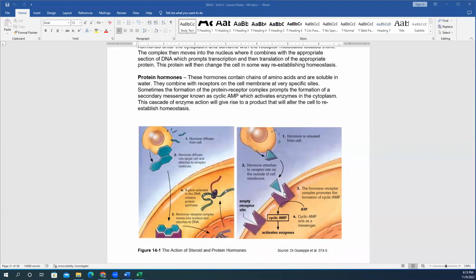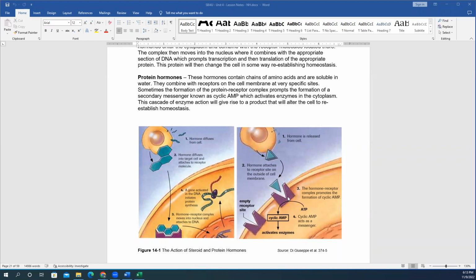And sometimes they form this protein receptor complex, and the formation of this protein receptor complex then brings about the formation of a secondary messenger known as cyclic AMP.